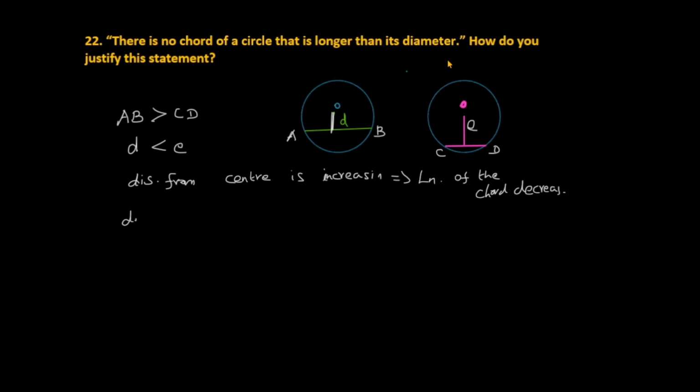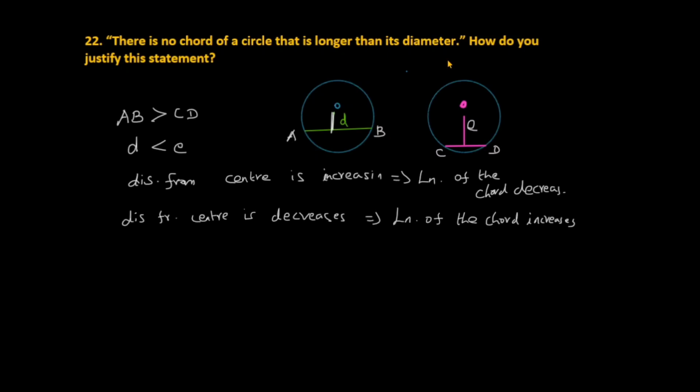If the distance from the center decreases, the length of the chord will increase. So the chord further from the center will be the smaller chord. When the chord is closer to the center, it will be the greater chord.